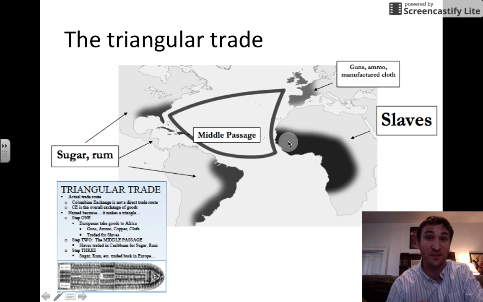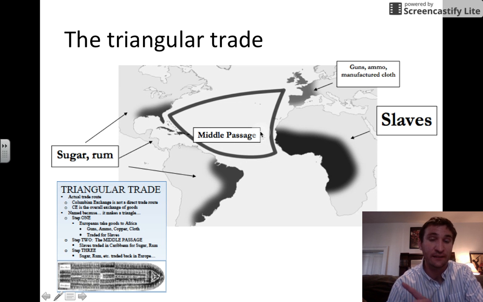And they then participate in the slave trade of Western Africa. And slaves are sent across the Atlantic Ocean to North, South America, and the Caribbean islands. And this route from Africa to the Americas is called the Middle Passage.